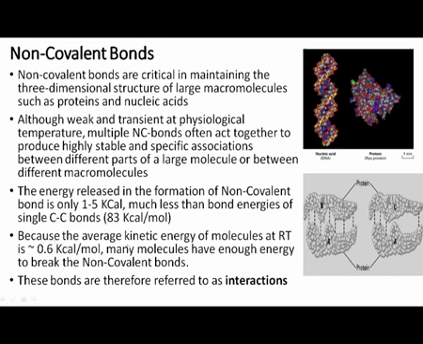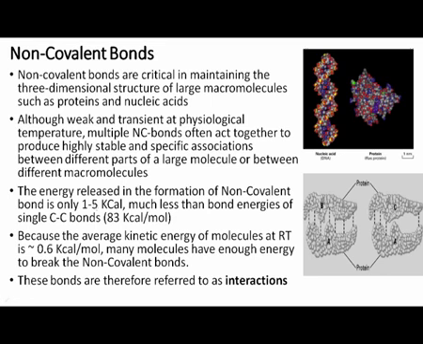So, the average kinetic energy of molecules at room temperature is only about 0.6 kilocalorie per mole, and you can see the average bond energy for a non-covalent bond is about 1 to 5 kilocalories per mole. So, 0.6 is very close to about 1 kilocalorie, and at a slightly higher temperature, not room temperature, but just above that, the energy increases, and therefore, many of these non-covalent bonds can simply be broken.